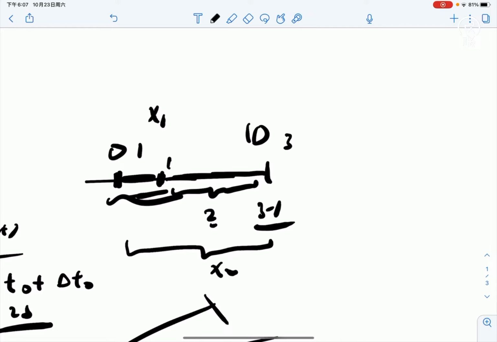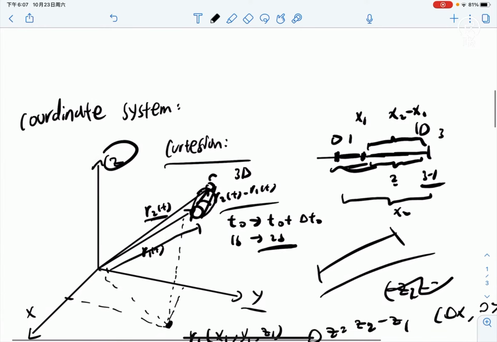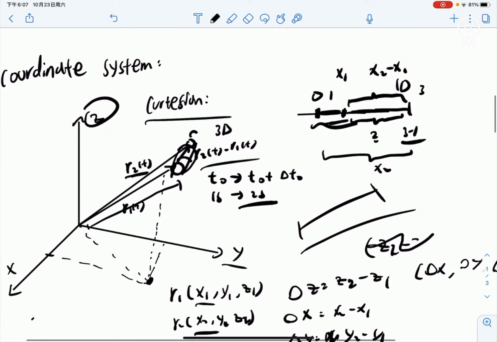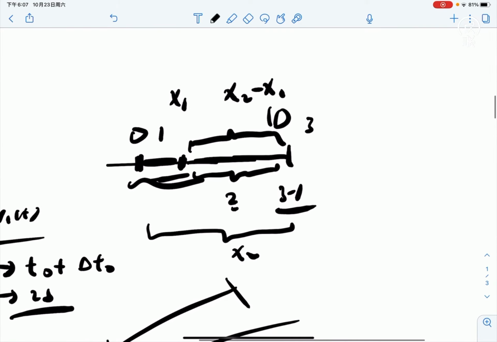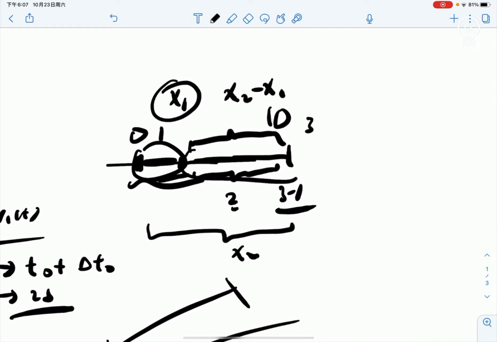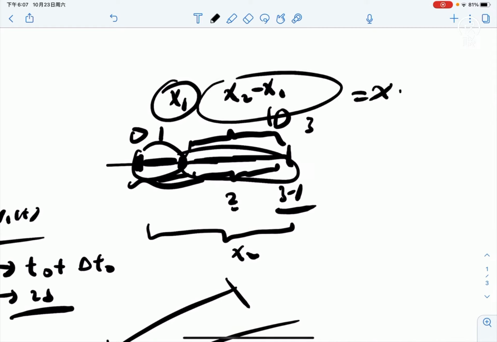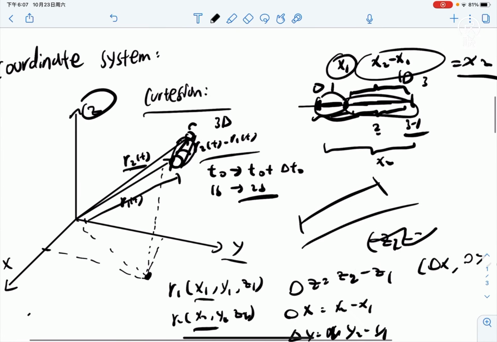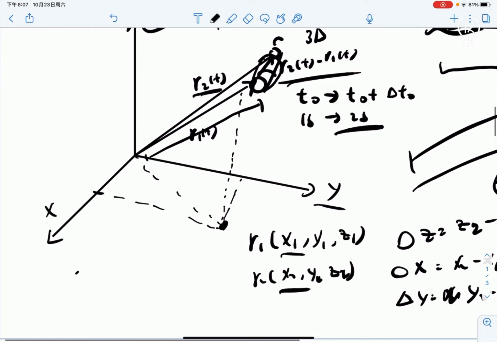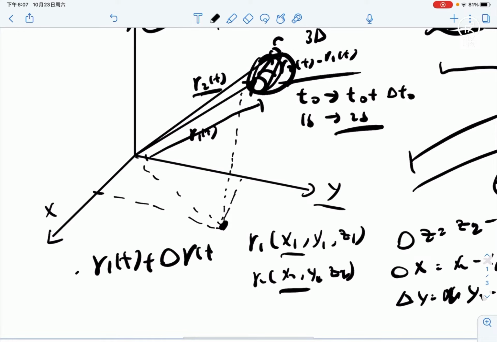So this part is basically x2 minus x1. The same case is over here. If this part plus this part, it is going to be x2, right? Similar case over here. If you have r1 plus this vector changing r, it is going to be r2.